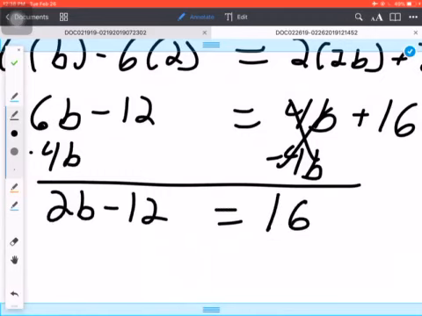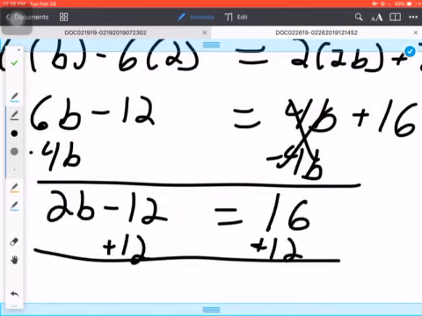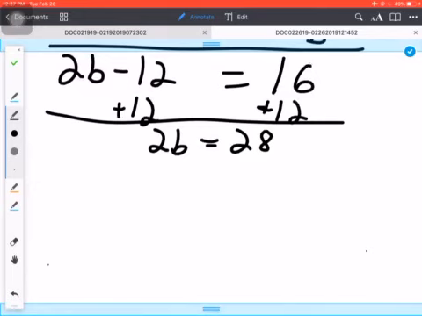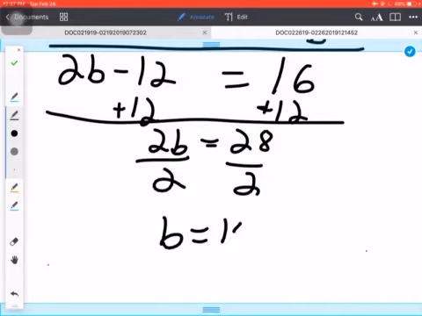I then want to get rid of this minus 12. So in order to do that, I'm going to add 12 to both sides. And I'm left with 2b equals 28. Last step, of course, is going to be getting b all by itself. So in dividing by 2, we get b equals 14.